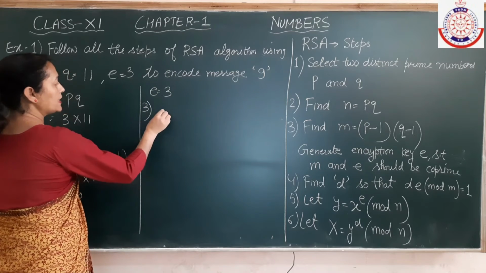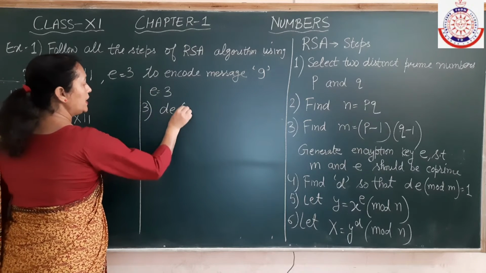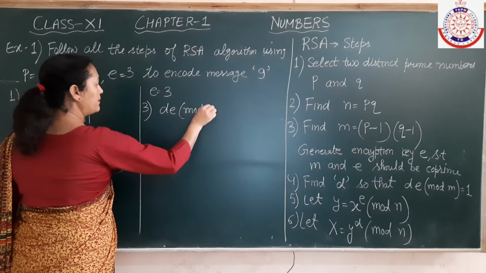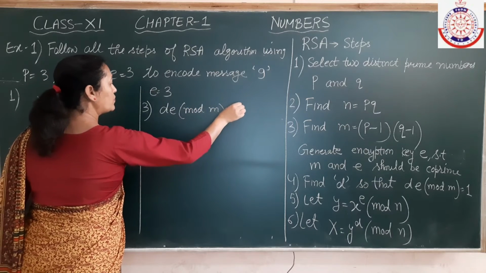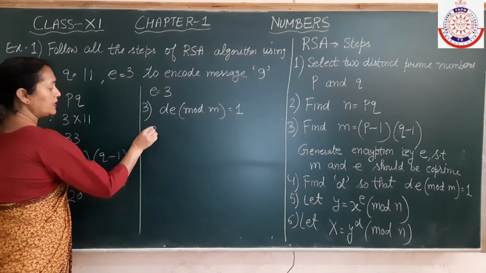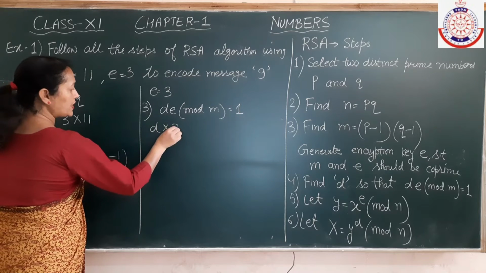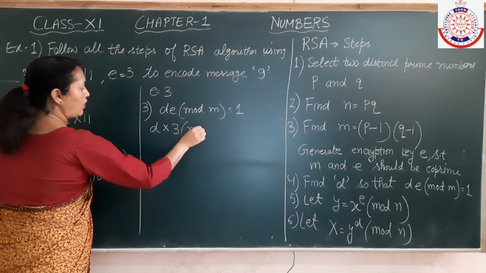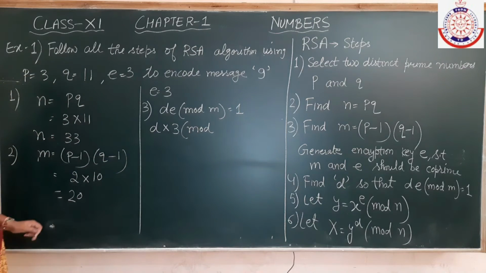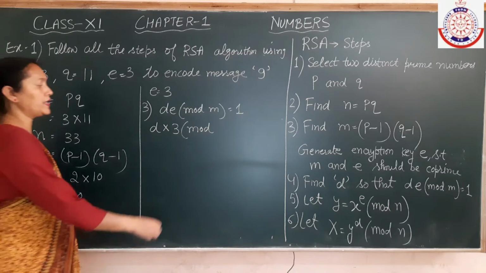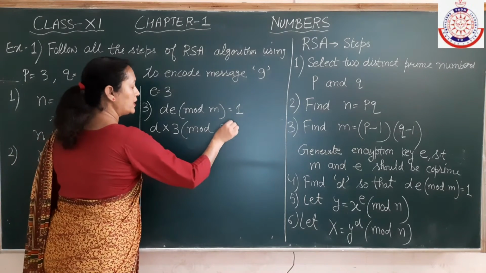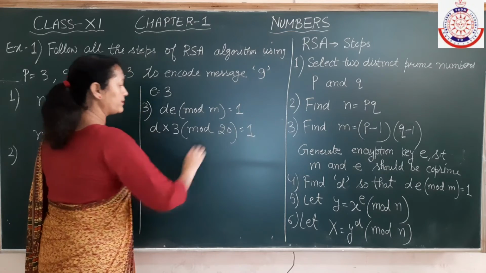What we have to do is D into E modulo M should be equal to 1. Now D is missing. D into 3 mod M, and M is 20, should be equal to 1.